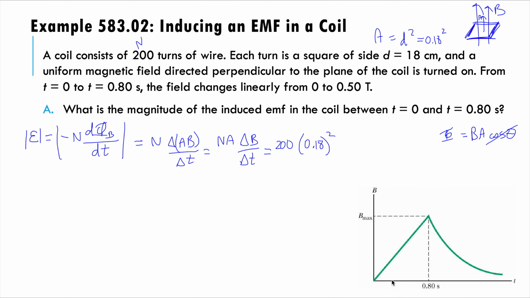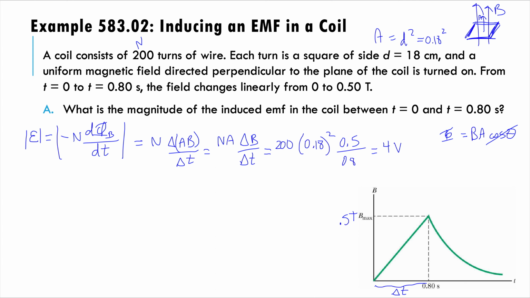Well, we're told that from 0 to 0.8 seconds, it goes from 0 to 0.5 teslas. So the change in field is 0.5 teslas, and the change in time here is 0.8 seconds. So no calculus necessary for this part. We're going to get 4 volts when we solve this part.